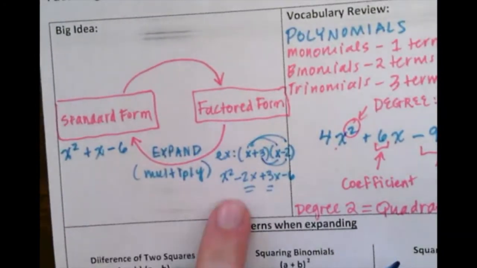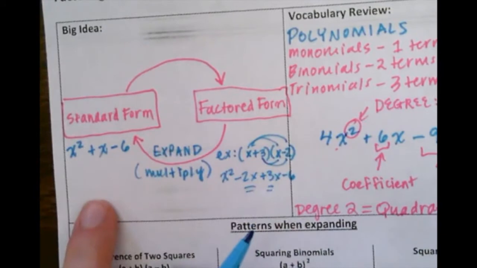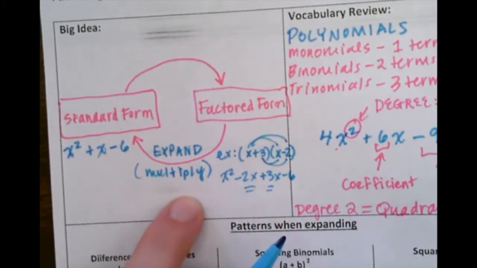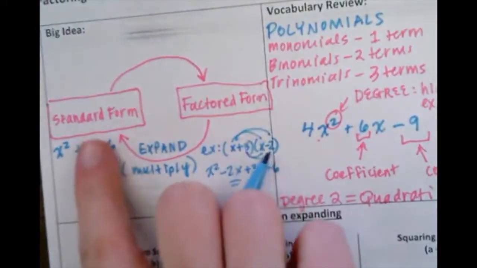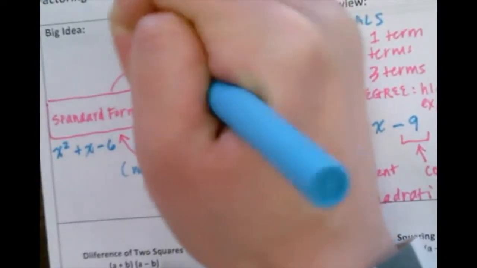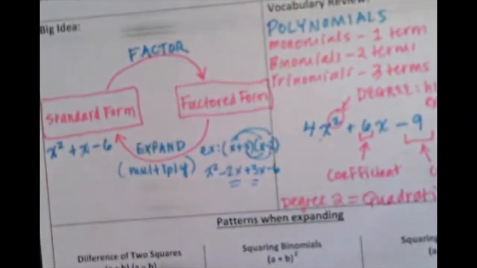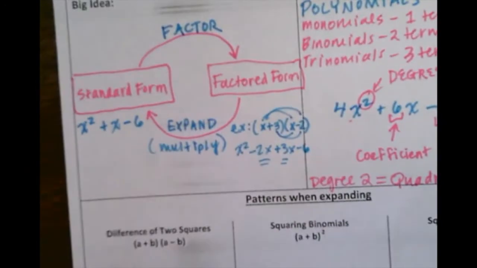So what we had been doing previously is moving from factored to standard form by multiplying, okay? Now what we're going to start to do is go from standard form into factored form by factoring, okay? So it's kind of like the opposite of multiplying.